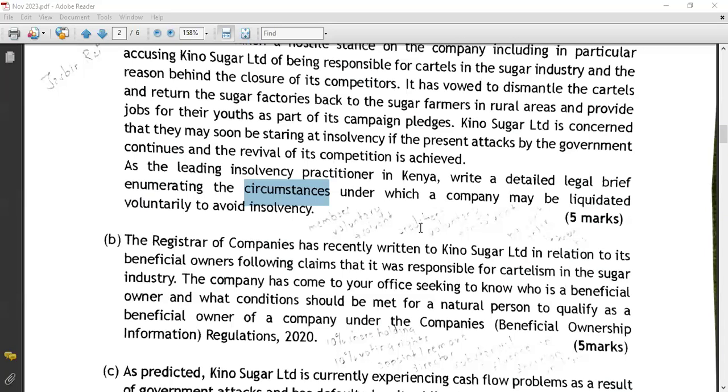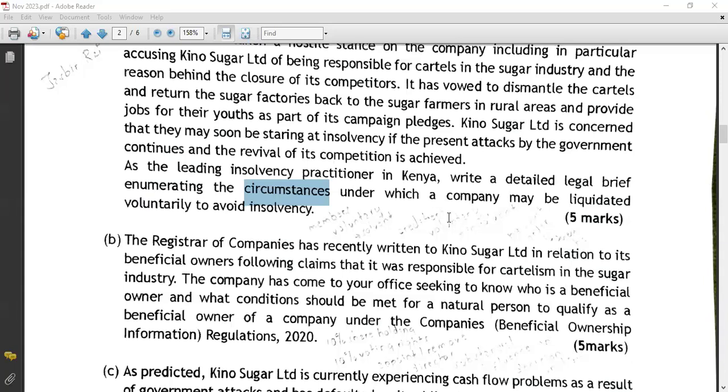Division 1 is introduction. Division 2 is voluntary liquidation, where 393 begins, and then Division 3 is members voluntary liquidation. Division 4 is creditors voluntary liquidation.